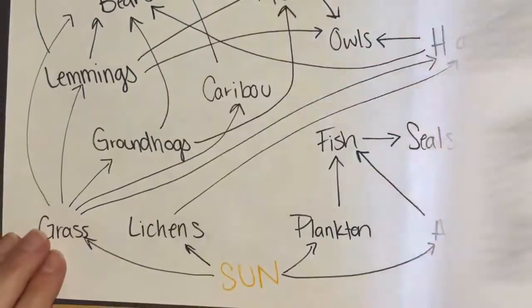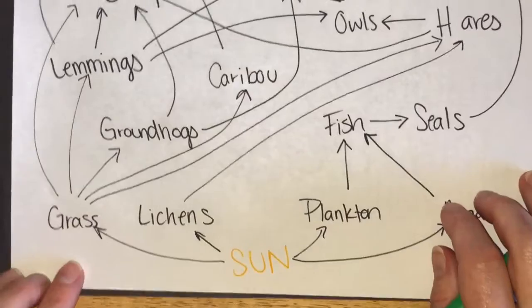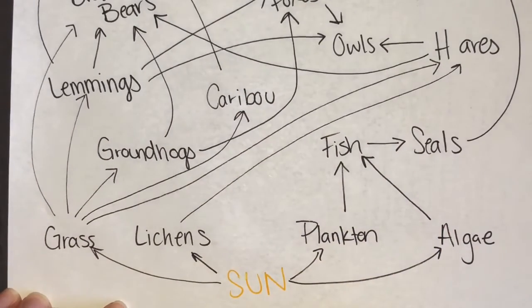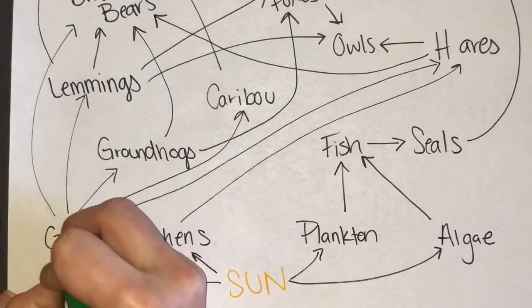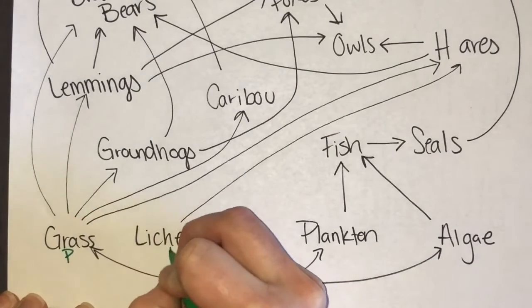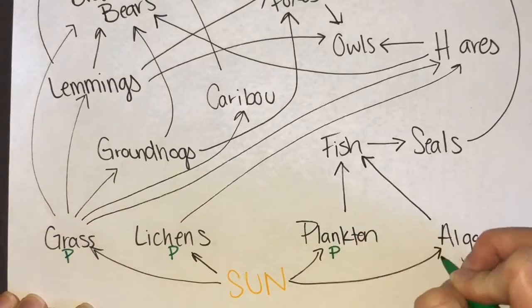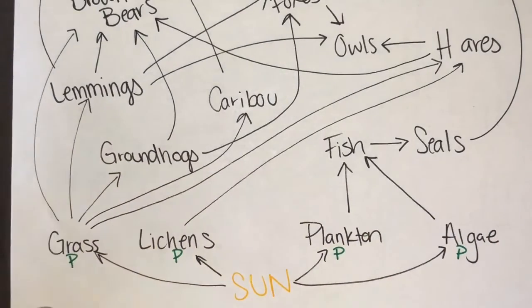So, the producers, that's everything that gets its energy from the sun. So, everything that has an arrow pointing from the sun to it is a producer. So, I'm going to put a P next to all of those. Okay?